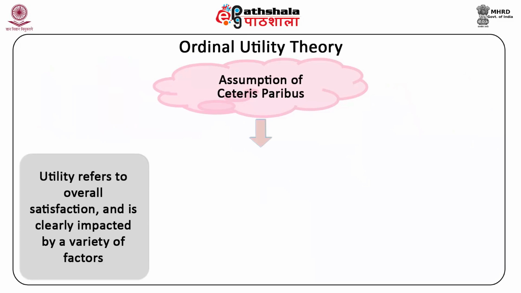Third point is the assumption of ceteris paribus. The term utility refers to overall satisfaction, and this measure is clearly impacted by a variety of factors. A person's utility is influenced not only by his or her consumption of physical goods, but also by psychological attitudes, peer group pressures, personal experiences, and the socio-economic and cultural environment.